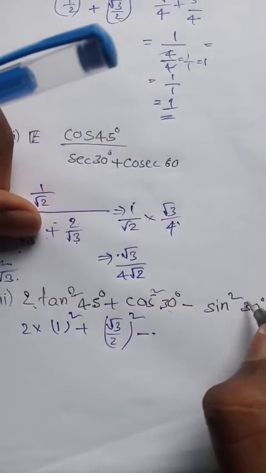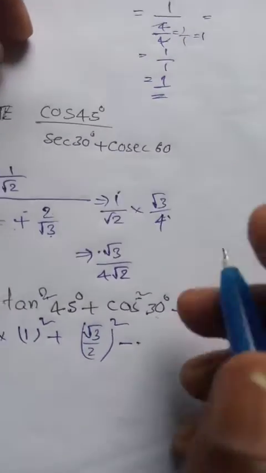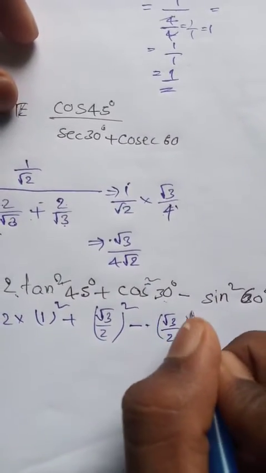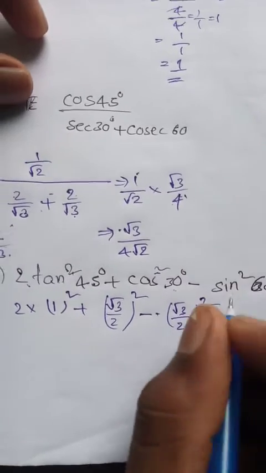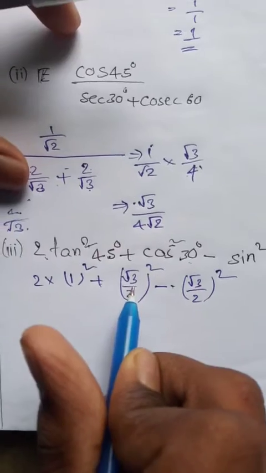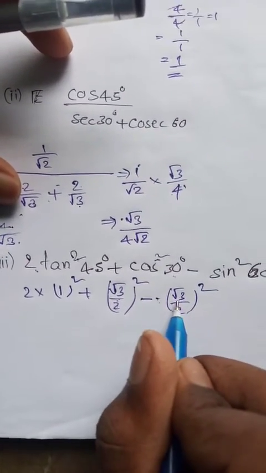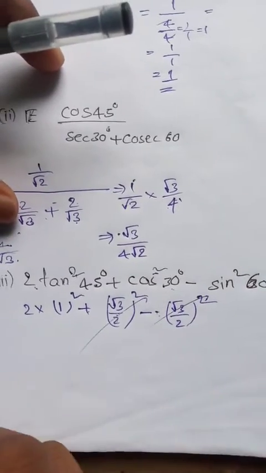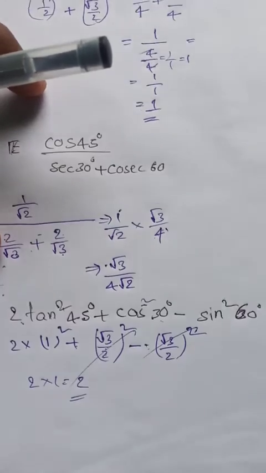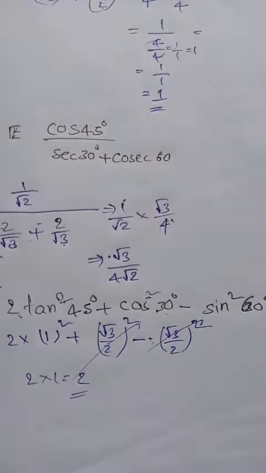It's not 30 degrees, it's 60 degrees. What is the value of sin 60 degrees? Root 3 by 2. We have to apply square. Here it directly cancels because plus root 3 by 2 whole square minus root 3 by 2 whole square, that's why you have to cancel simply. And 2 into 1 square is 1, and the answer is 2. Are you understood guys? It's very simple.